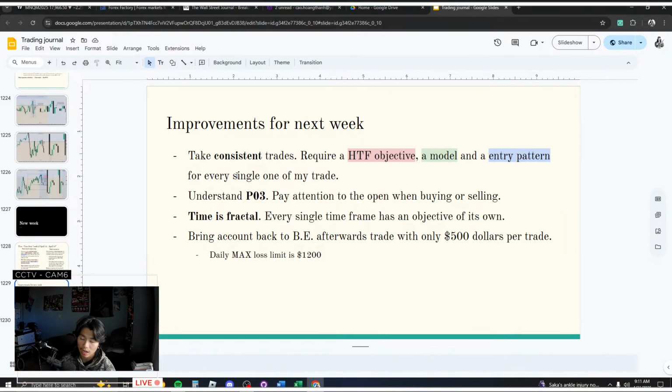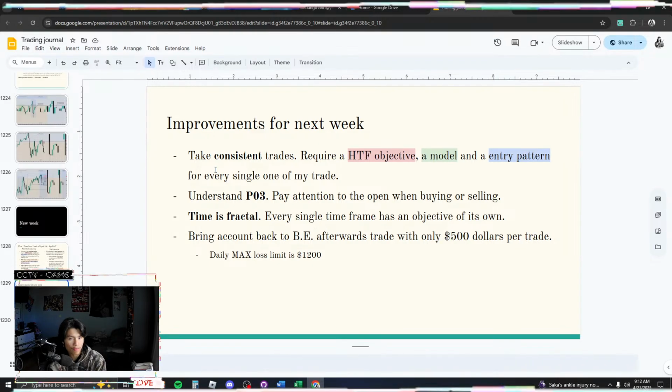If it's a down close candle that you're anticipating, you want to be a seller above the open. If you're a buyer, you want to be a buyer below the open. And the last thing, time is fractal. So that's going to wrap it up for my improvements here for the upcoming week.